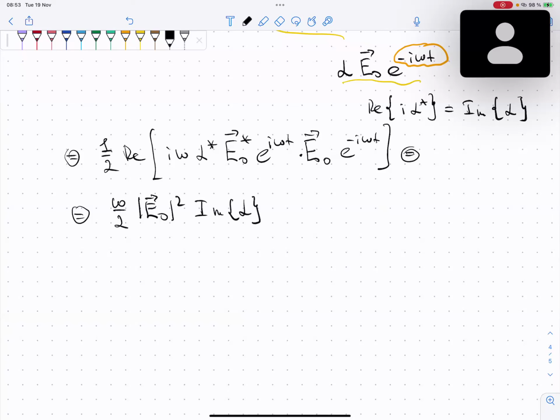Something like this. And this is our extinction power for a small particle.